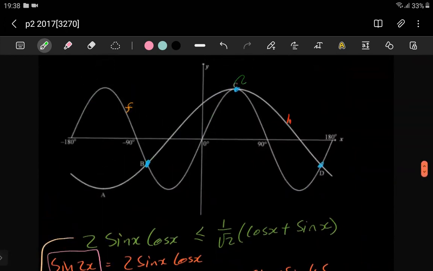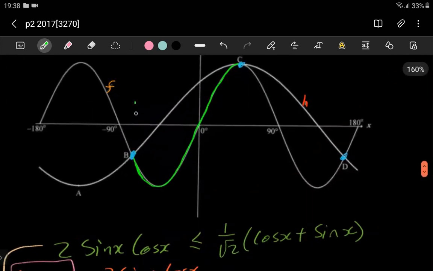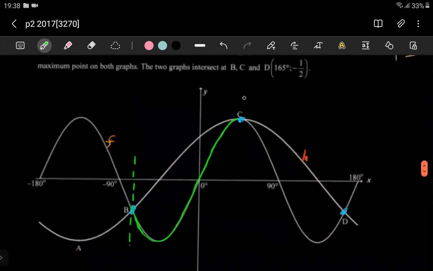If you look at all these y values of f here, these are all y values of f that are below the y values of h. So this portion of our sketch qualifies for our answer. Specifically from this x value here all the way until this x value here, for now, that qualifies.